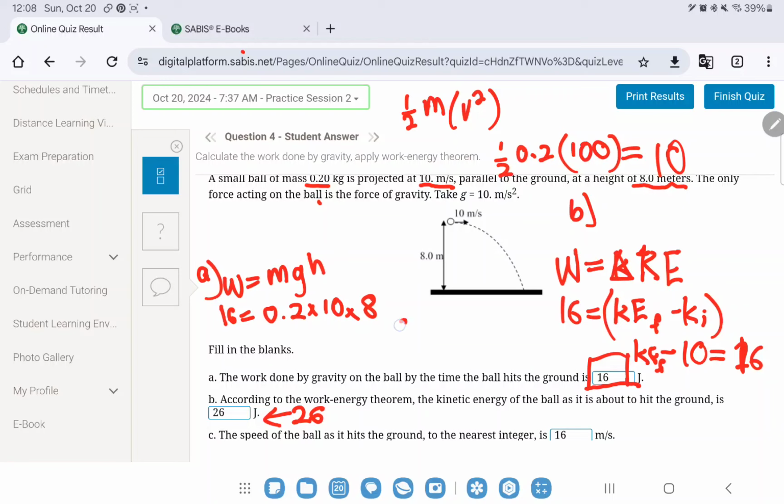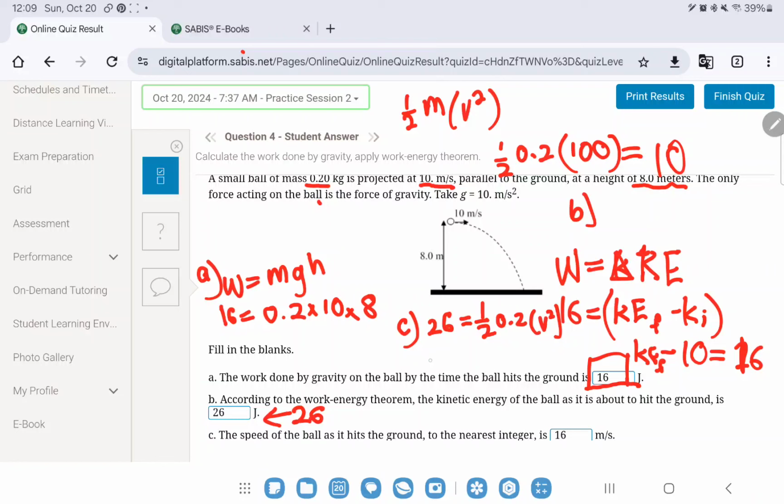Now, part C, I'm going to do it over here. The speed of the ball as it's about to hit the ground is, you take your kinetic energy, to find the final speed, velocity. 26 equals half, m is 0.2, and v squared, we'll find it.